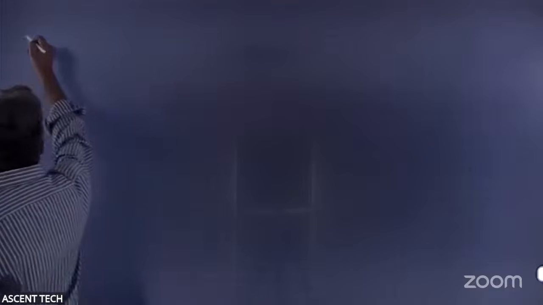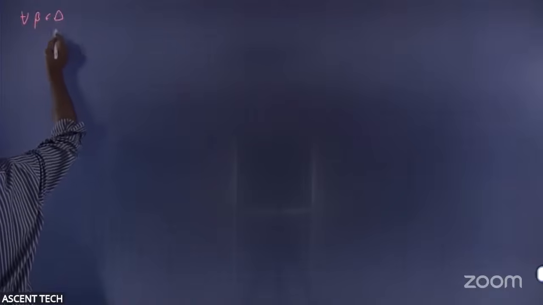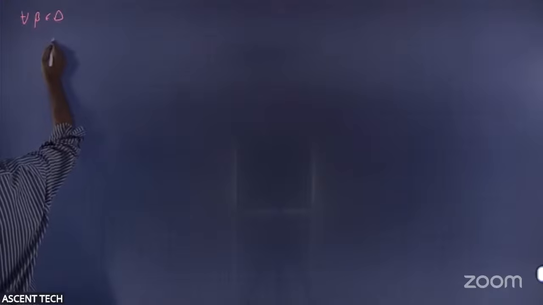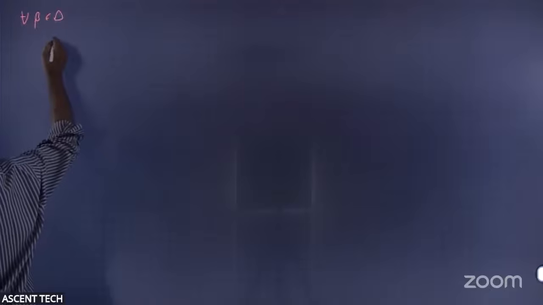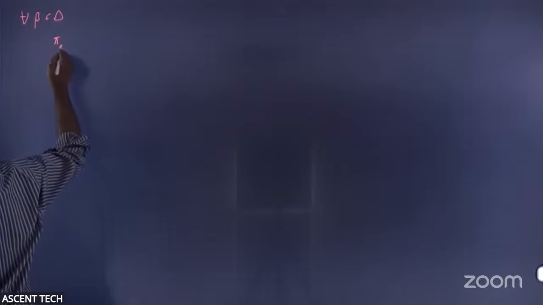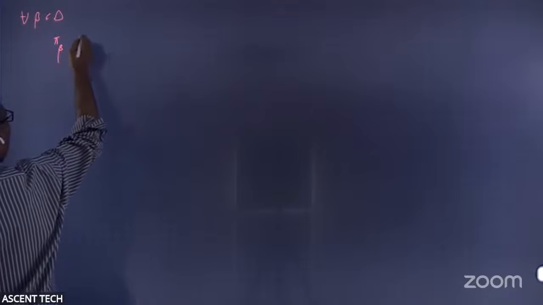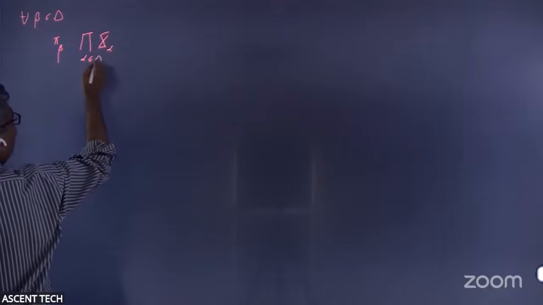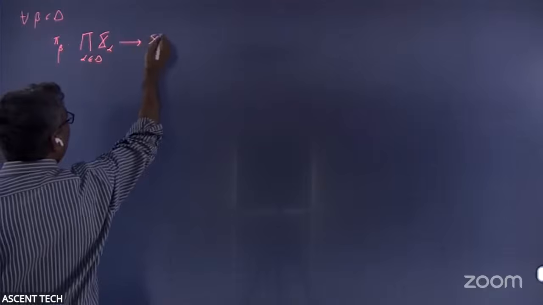What we did more is: for each beta in the index set delta, I have the map pi beta, the projection. I should write a small pi, though some people write p also. Pi beta is a mapping from the product of X alpha, alpha in delta, to the beta component.